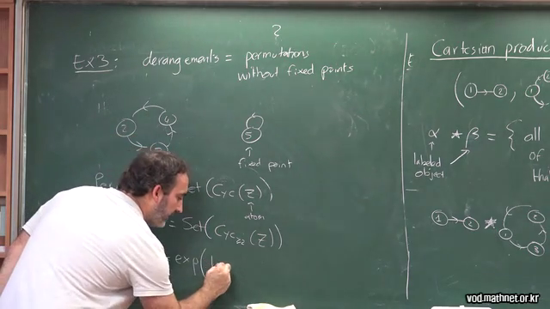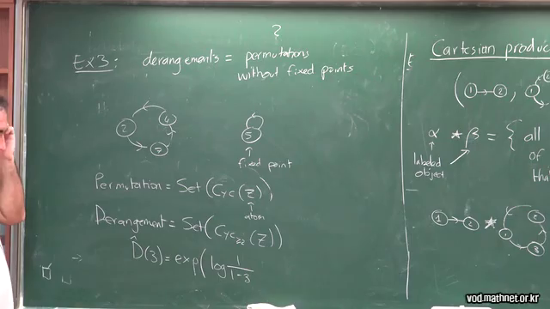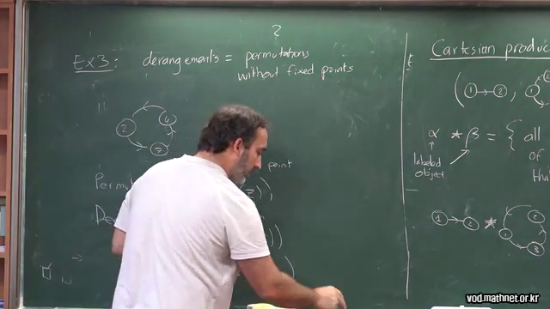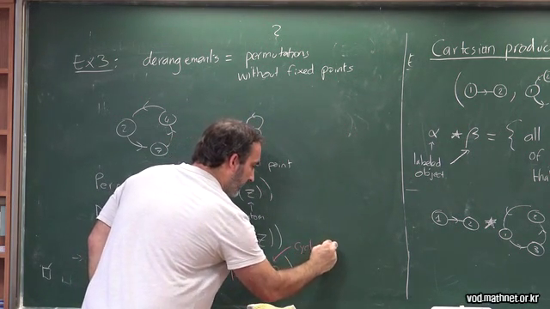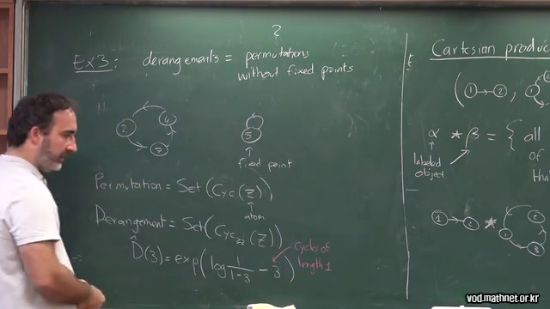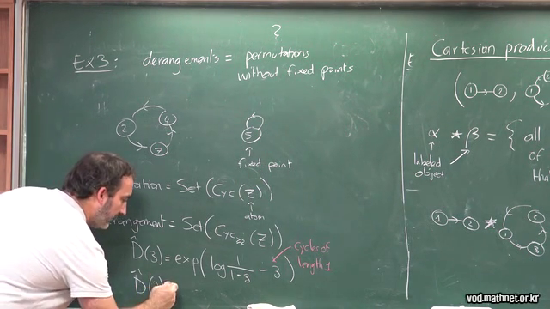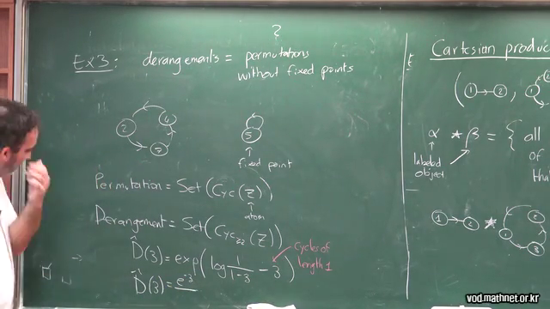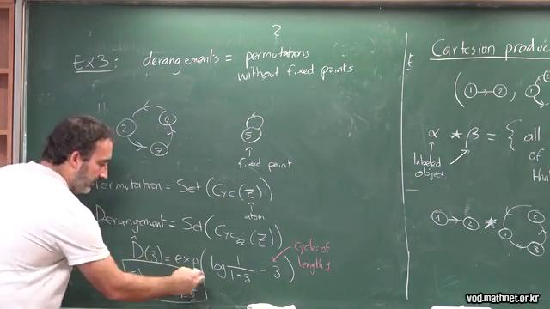A cycle is logarithm of 1 over 1 minus z, and I remove z because these are cycles of length 1. Okay? And so you get that D of z equals exponential of minus z over 1 minus z. Okay?